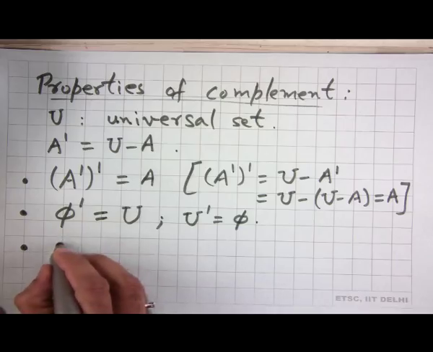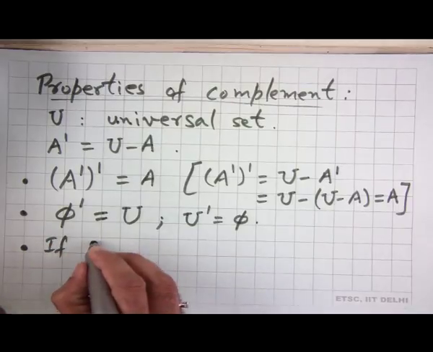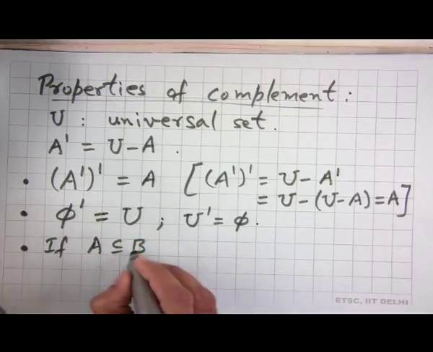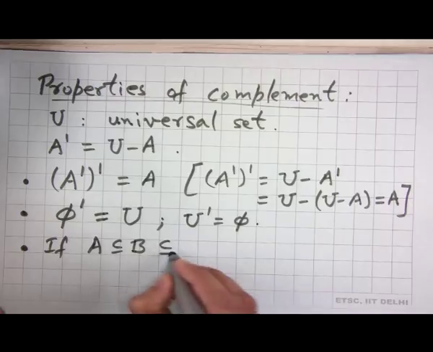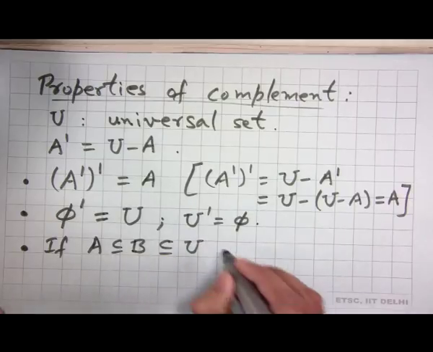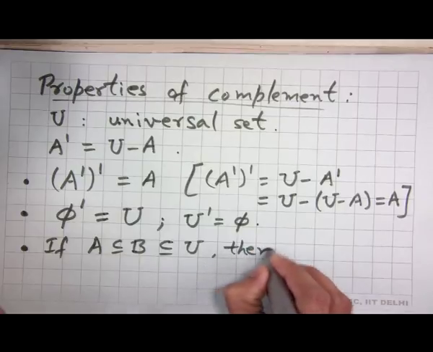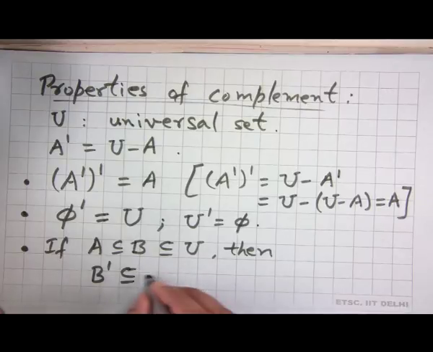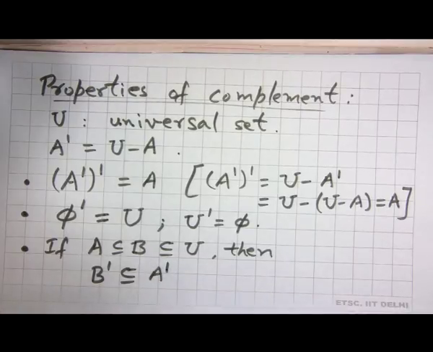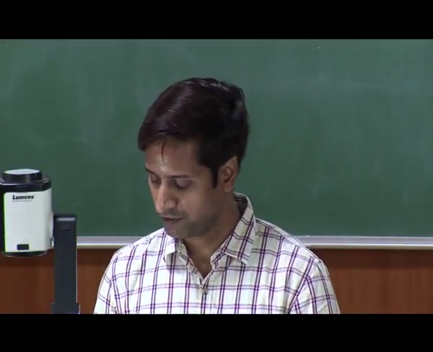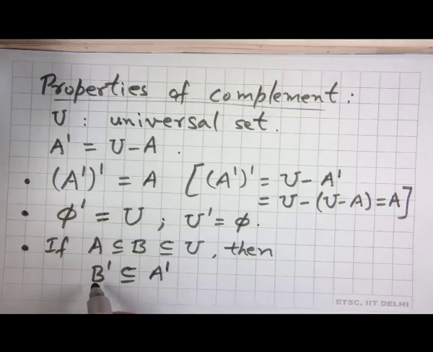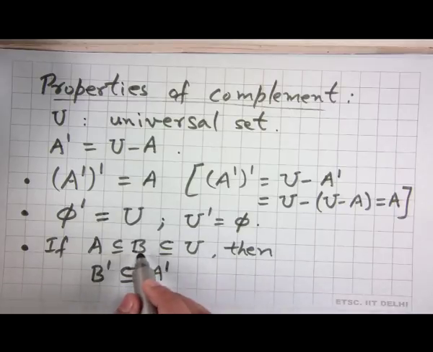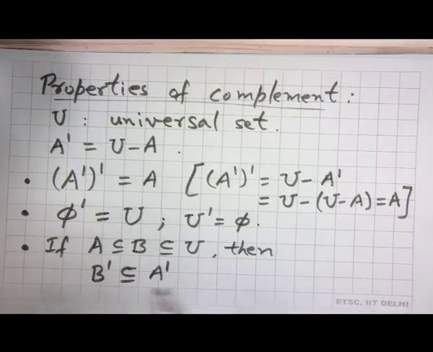Another thing is that if A is a subset of B and both are subsets of the universal set U, then the complement of B is a subset of the complement of A, because anything in B complement means all those elements which are in U but not in B. So, if an element is not in B, it cannot be in A.